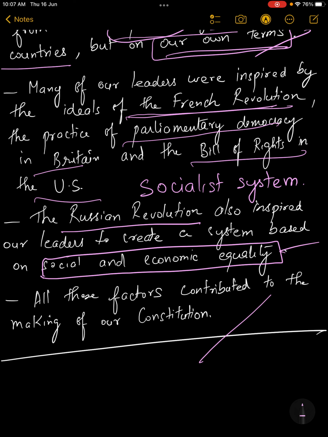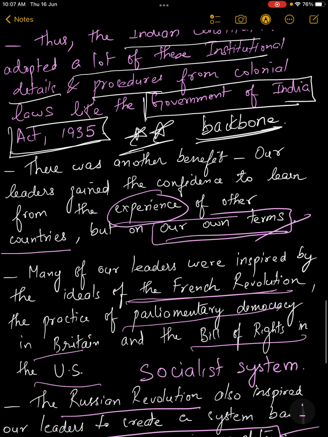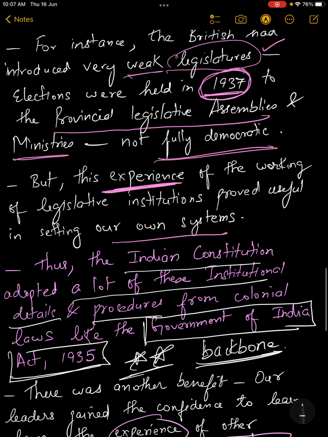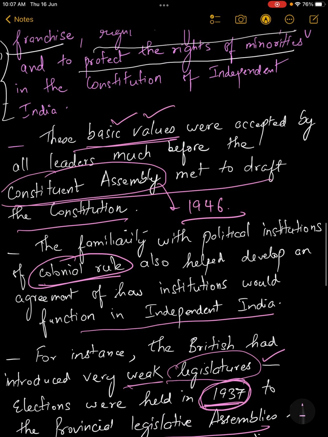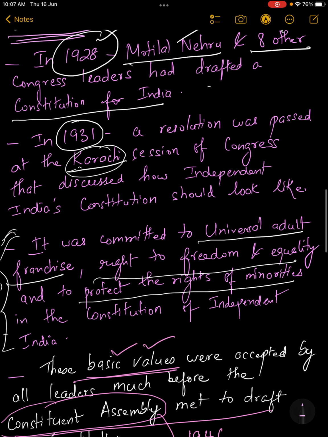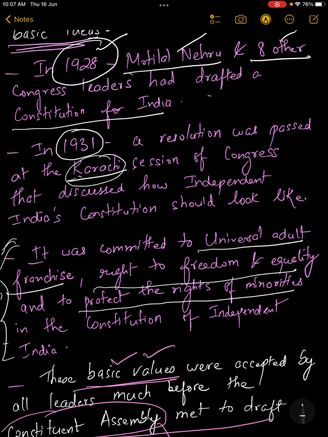So this is a journey, as you can understand, wherein I have discussed what was the path taken by the leaders in order to frame the constitution. Where did the journey start from? It started from 1928. Then there was the Karachi Resolution of 1931.